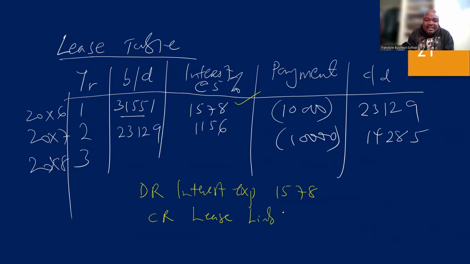This one increases the liability. As we have seen, the balance of the liability was this one, but it was increased by the interest.